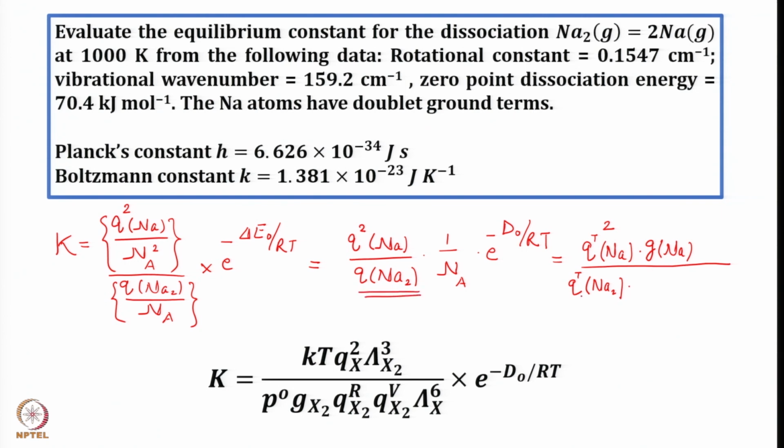So it will not only have translational degree of freedom, you will also have rotational disodium. You will also have vibrational disodium. Into 1 over Na is already there. Into there is 1 over G Na2 square into exponential minus D0 by RT.